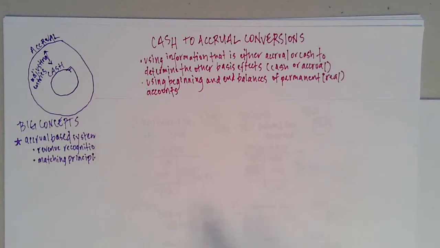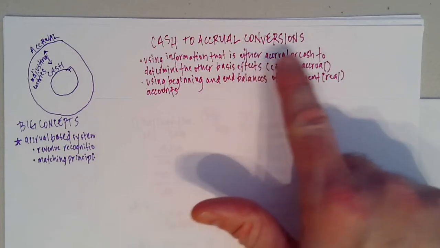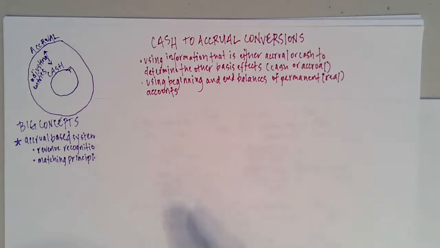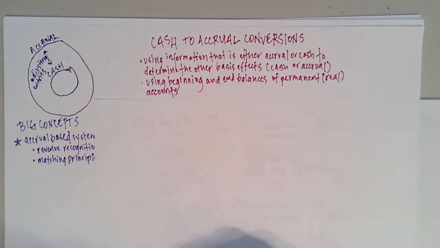Like I said, we're using information that is either accrual-based or cash-based to determine the other basis effects. So we get some accrual information, and we have to figure out, well, what were the cash flows during this period? Or we get some cash information, and then we have to figure out, well, what were the accruals, the recognition of expenses and revenues without cash that happened during this period.